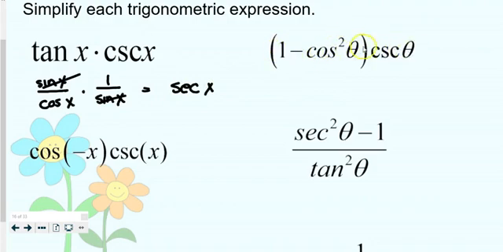Well, 1 minus cosine squared is the same thing as sine squared of theta. And cosecant is 1 over sine of theta. Now this time they don't quite cancel out because in the numerator we have sine squared, and here we have sine. But sine squared is like sine times sine. So this sine cancels with one of these, and we're left with just sine theta.